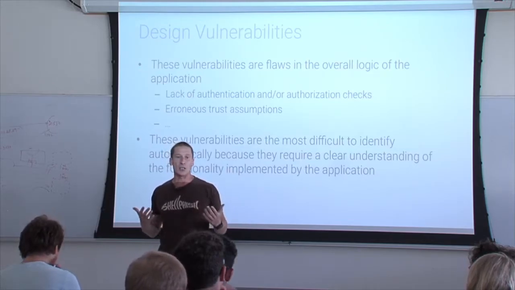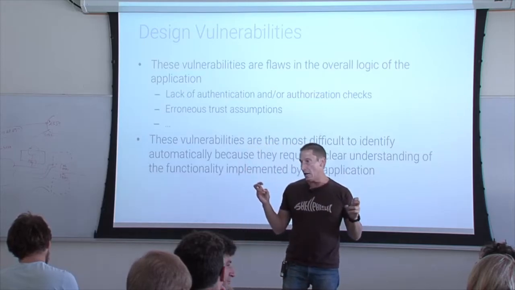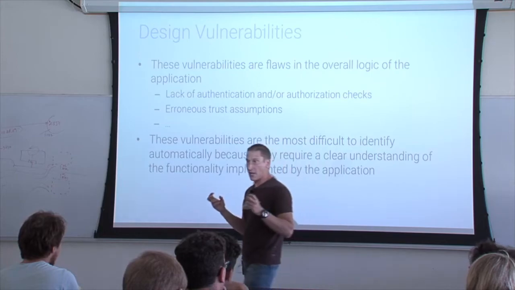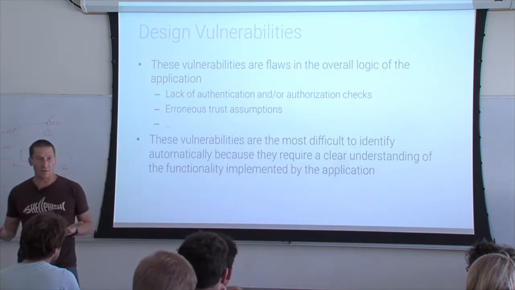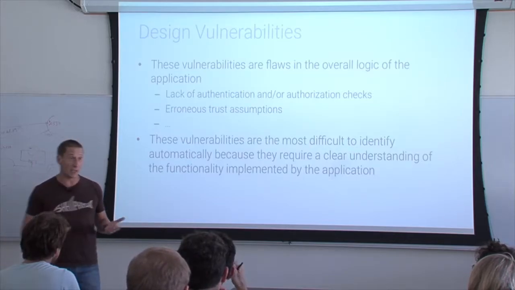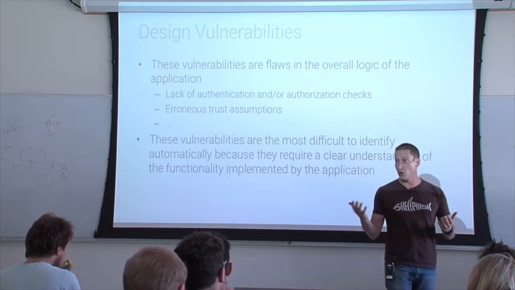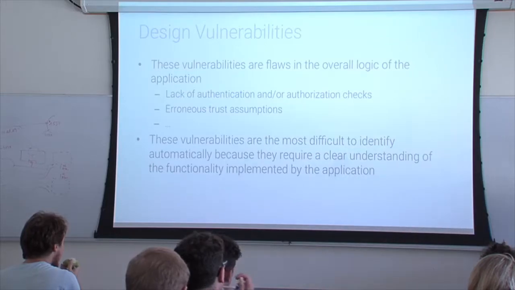Because how do you teach a machine to look at an application, find what it does, and find the problem with it? Just finding what it does is violating the halting problem. Because if you can find what it does, you mean that you can, in the general case, determine if that application terminates, for example, which, as we all know, is algorithmically impossible in the general case.